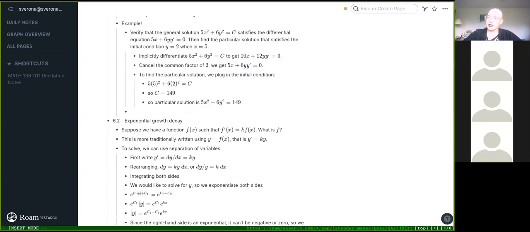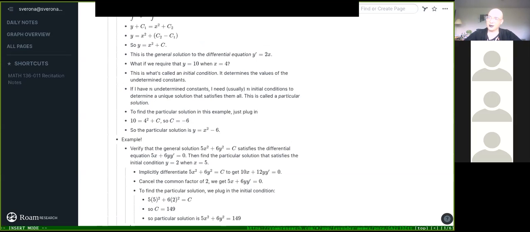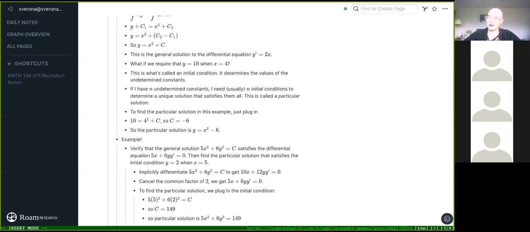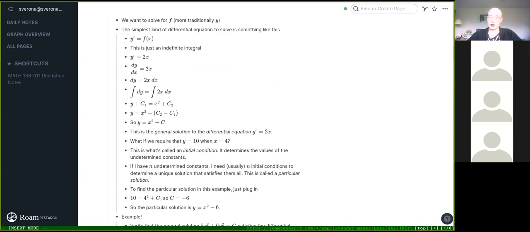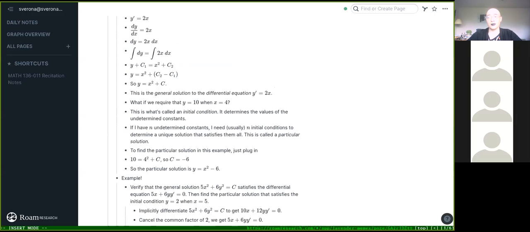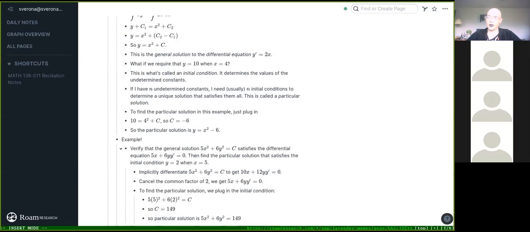So what's the upshot of all of this? This is a lot of big fancy math words for something you already know how to do. This part is, anyway. Euler's method is kind of new. But why does WebAssign make this so much more complicated? I don't know. I hate to say this. Okay, this one is not on WebAssign.